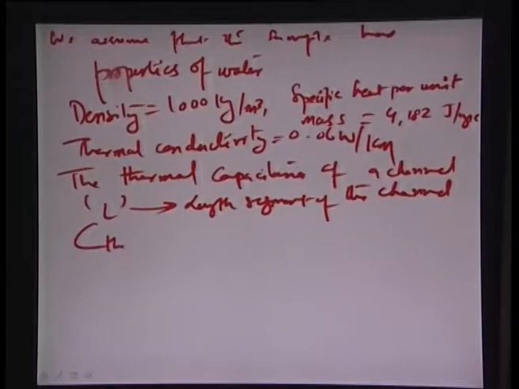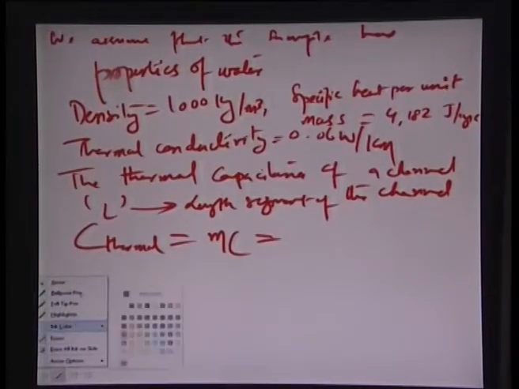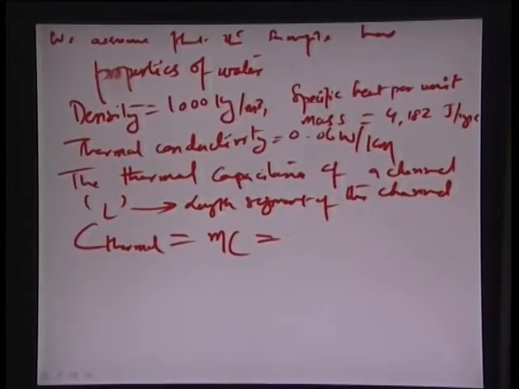So, C thermal will be given by m times C, which is again mass, essentially density of the medium times the volume.